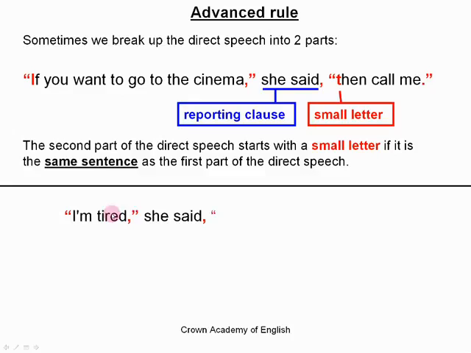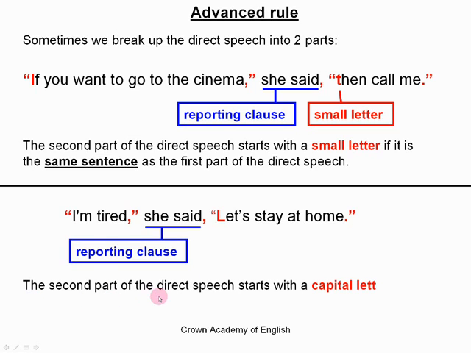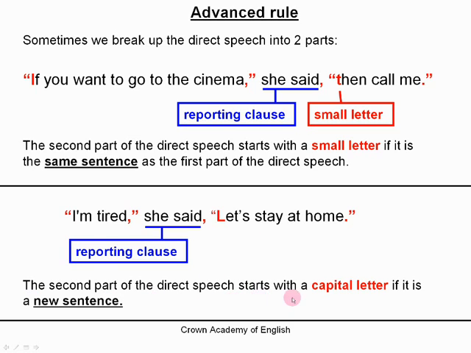But another example, "I'm tired," she said. "Let's stay at home." Here is the reporting clause in the middle. But this time, the second part of the direct speech starts with a capital letter if it is a new sentence.